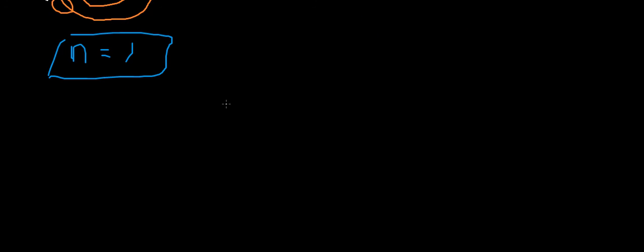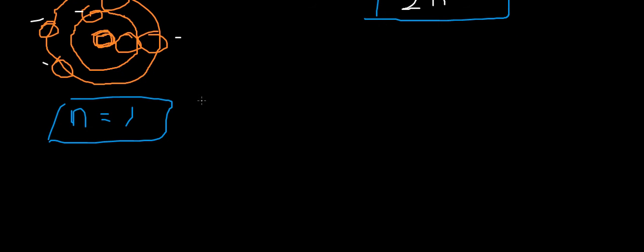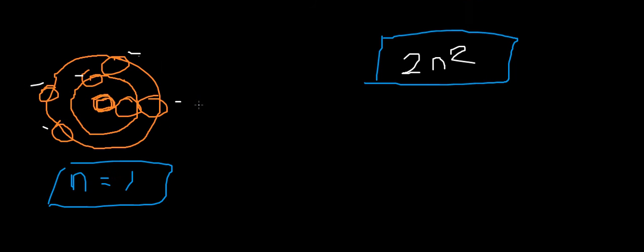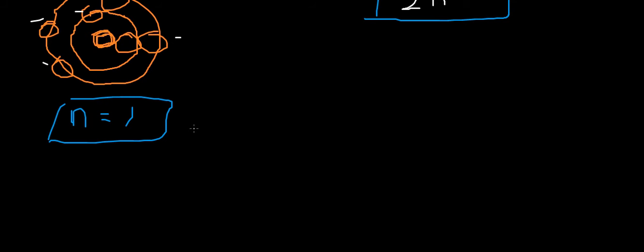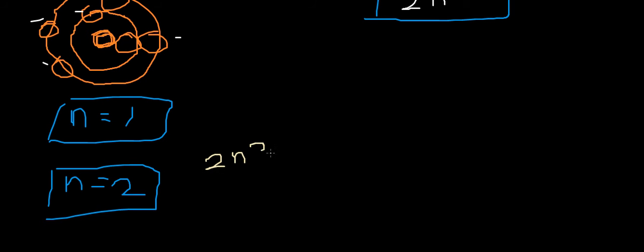So let's take a few examples. Let's say I want to know how many electrons the second orbit in any atom can hold. Here I will have n equal to 2, as I am talking about the second orbit. Let's insert it in our formula 2n squared.